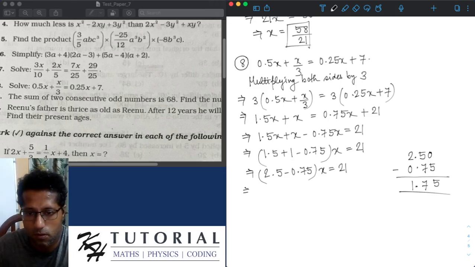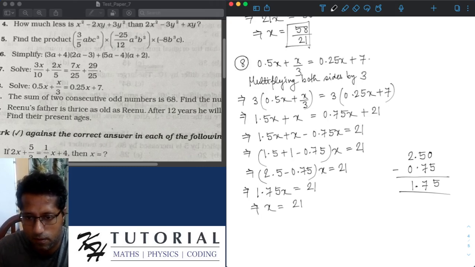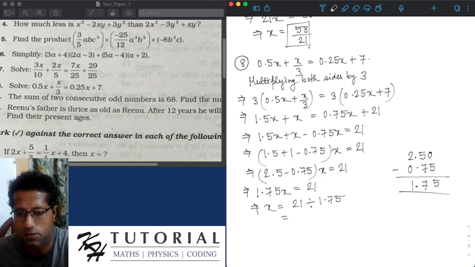So we have 1.75x equals 21. Now this implies x equals 21 divided by 1.75.